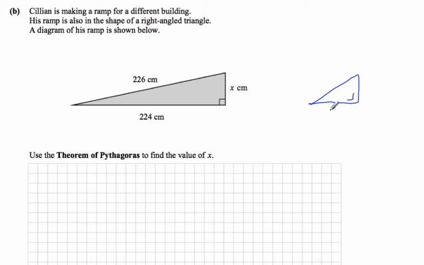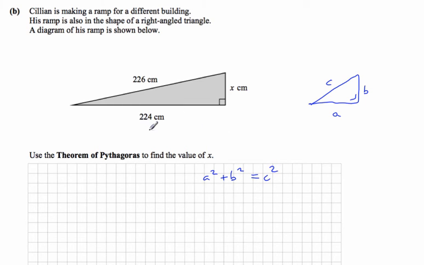The theorem of Pythagoras says that if you've got a right angle triangle labelled A, B, C, with C as the hypotenuse, then A squared plus B squared is equal to C squared.